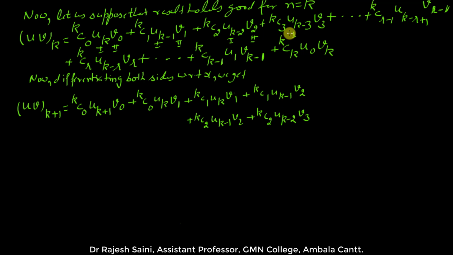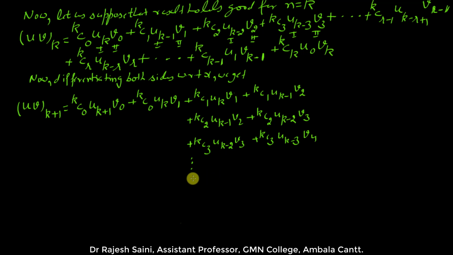Now apply product rule upon this one, plus kc3 u_(k-2) v_3 plus kc3 u_(k-3) v_4, and so on.